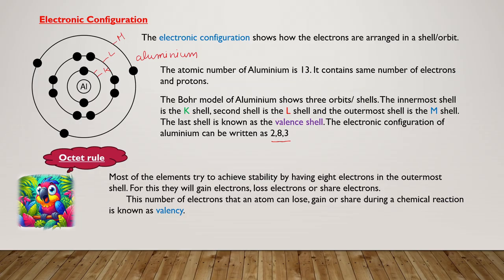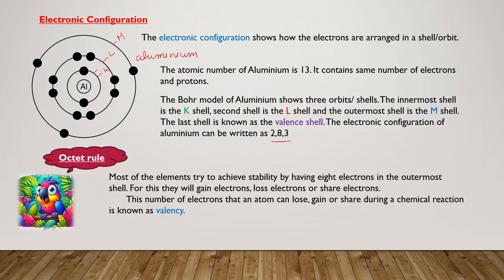And to attain stability, or to complete this octet, what do these atoms do? Sometimes these atoms lose, gain or share electrons during a chemical reaction. And the number of electrons which an atom loses, gains or shares is known as its valency.